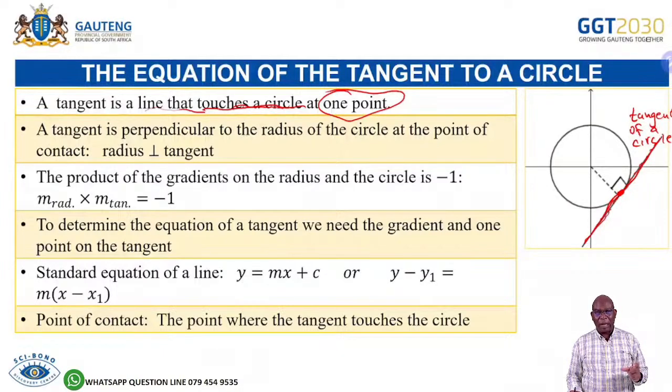The name for a line that touches at 2 points is called a secant. So a secant is a line that touches the circle at 2 points. If I've got a straight line that touches there and there, we'll call this one a secant.